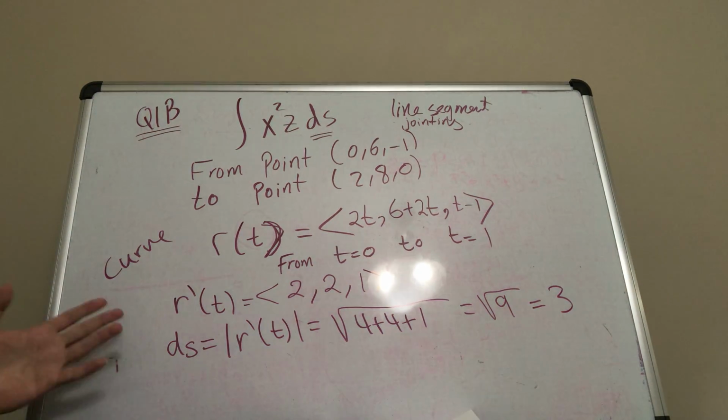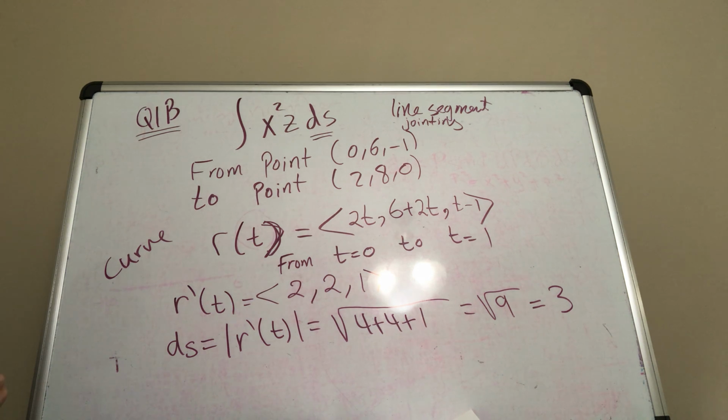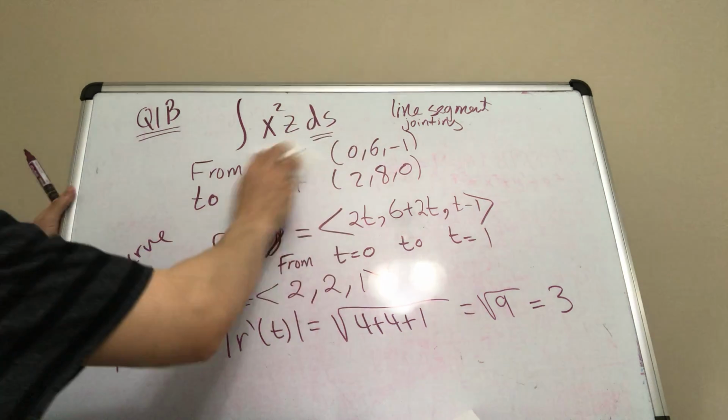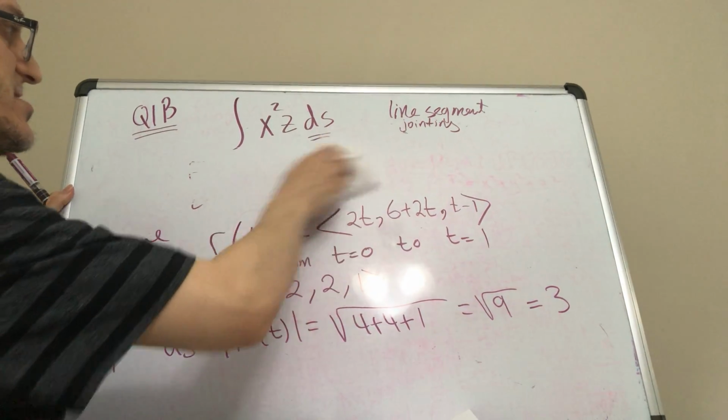So your ds is 3. I'm going to erase some of this. Now we're ready to integrate.